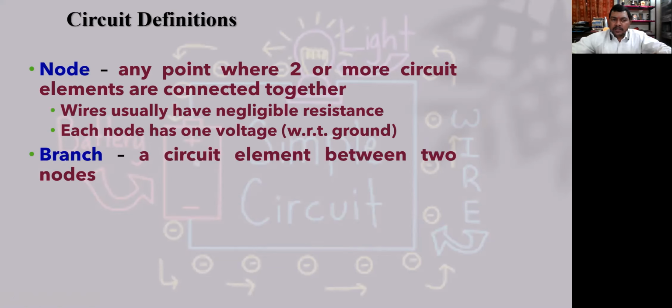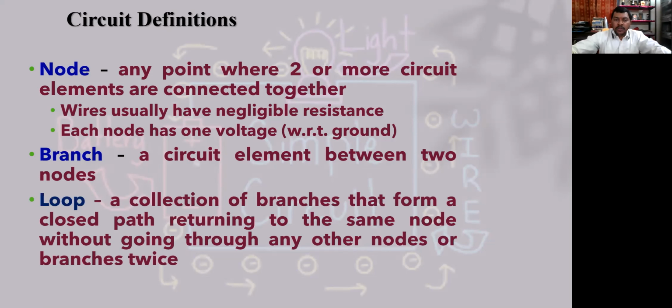Then we have another term related to circuits: a branch, a circuit element between two nodes. Whatever circuitry we have between those two nodes is called a branch. And the third one is the loop. Whenever we complete a circuit, from the positive to ground, that we call a loop.